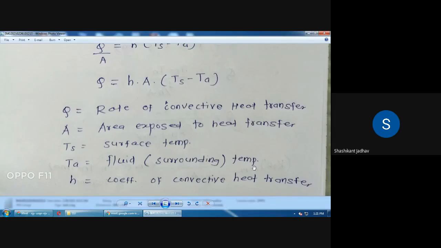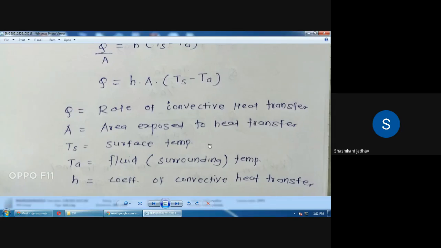So can anyone tell me what is the unit of H? Put that answer in the chat box immediately.